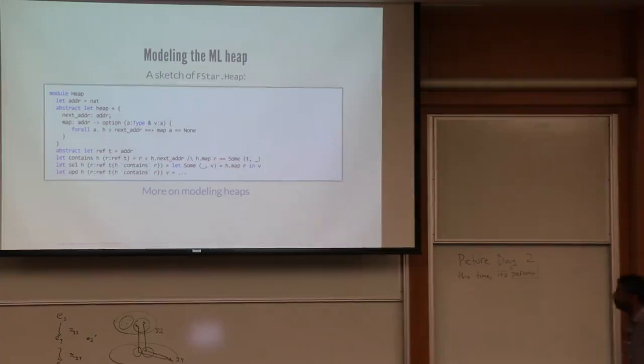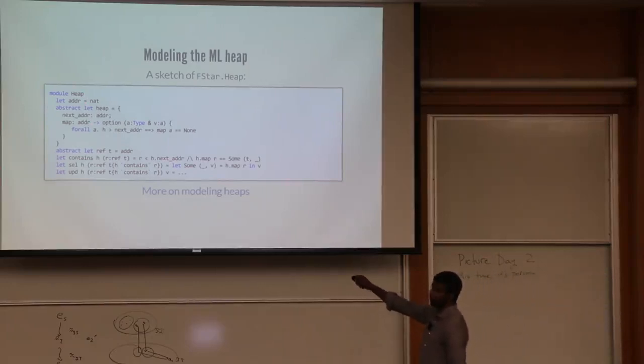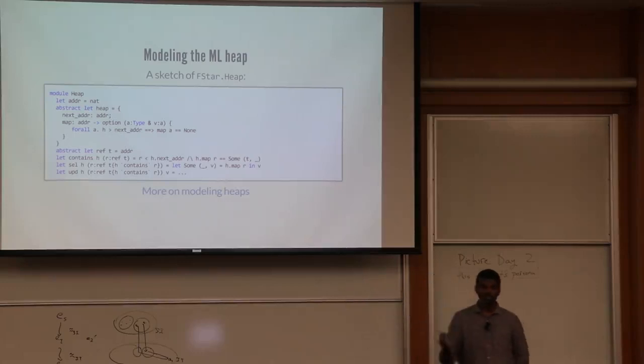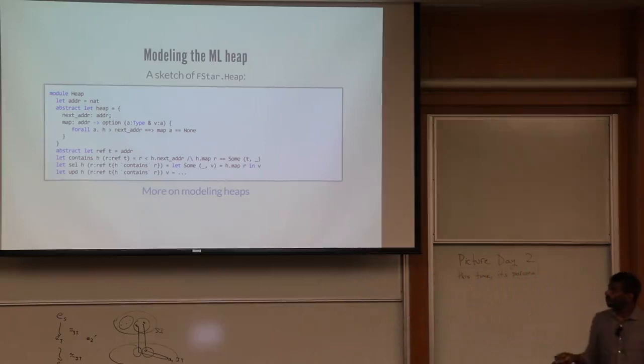So here's one model for the heap in F*. We have several such models; this is the one-slide model. We have a module called heap, and I'm going to model abstract addresses as just natural numbers.